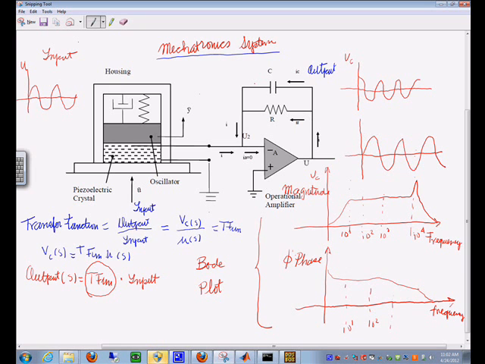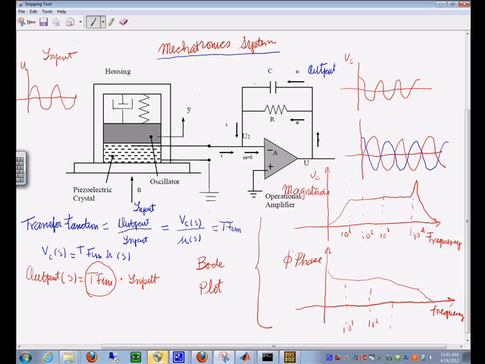And then we will plot the output. Let's change color. If we plot it on the same axes, you see what I mean? I have managed to create one that is exactly 90 degrees out of phase.